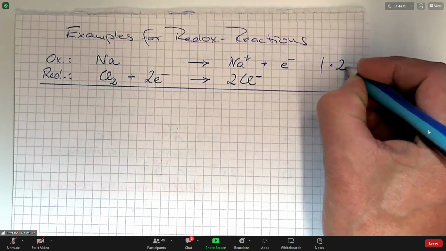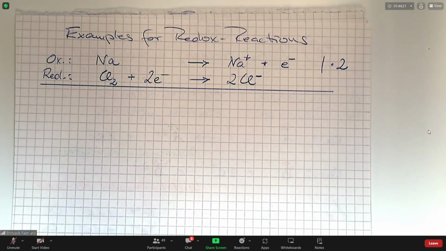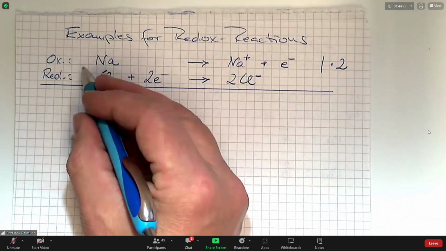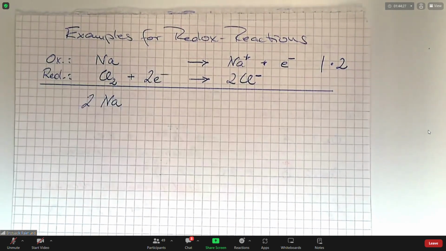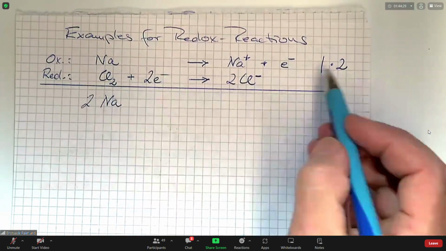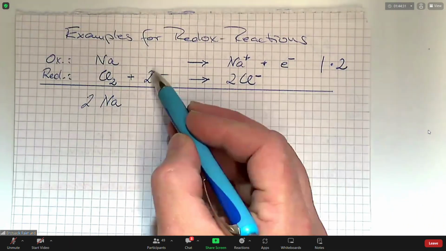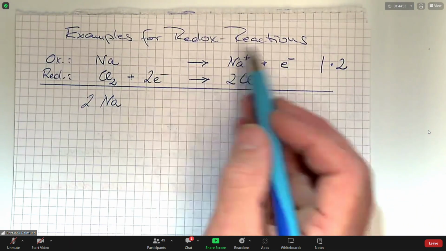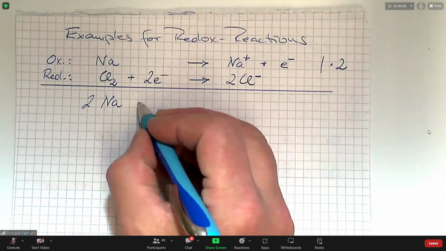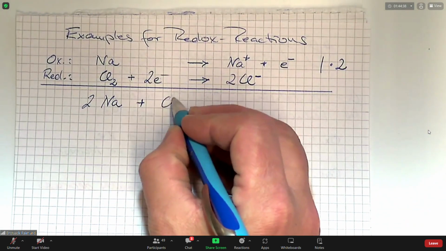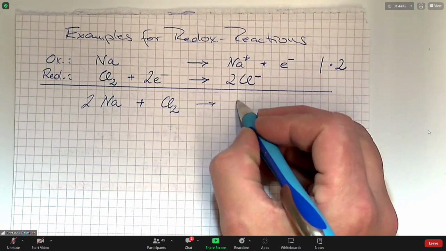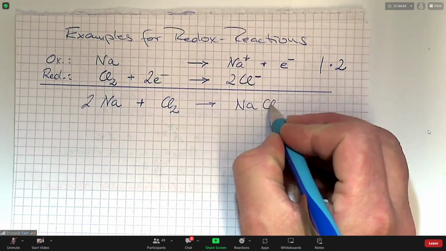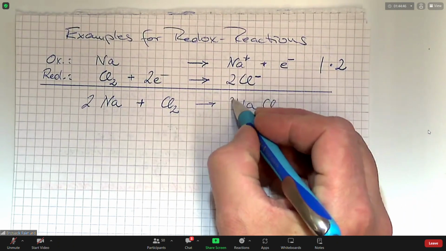Multiply by 2. So the overall reaction will be 2 sodium elementary, then we have 2 electrons here, 2 electrons here, we can cancel, plus chlorine gas forms 2 NaCl.